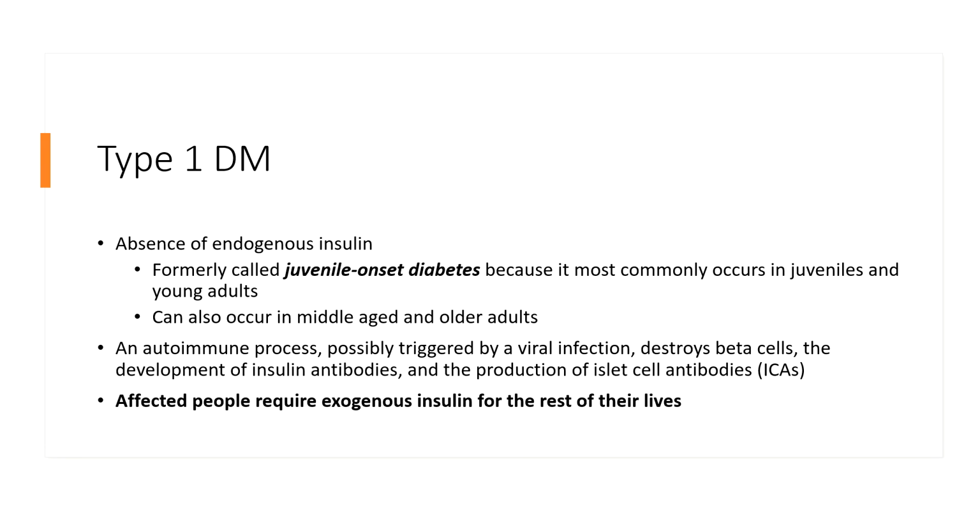But we've also found that it can occur in middle age and older adults in people who have lost the functioning of their pancreas. So they become very dependent on their insulin from the outside. Okay, so that's why now they're just calling it type 1 diabetes.